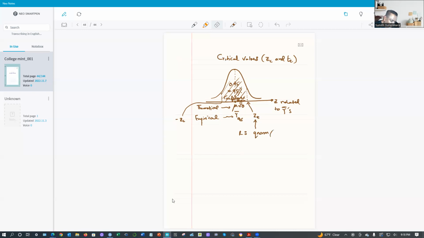Area to the left is how much? This one is 0.95, so we are left over with 0.05, and 0.025 on each side.